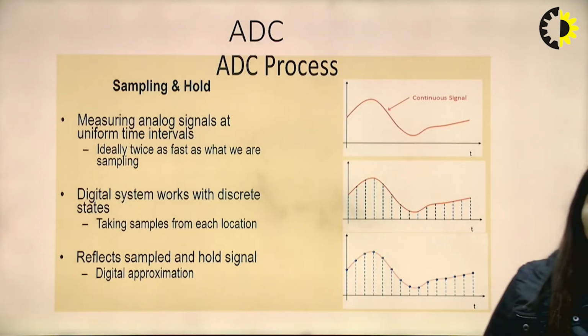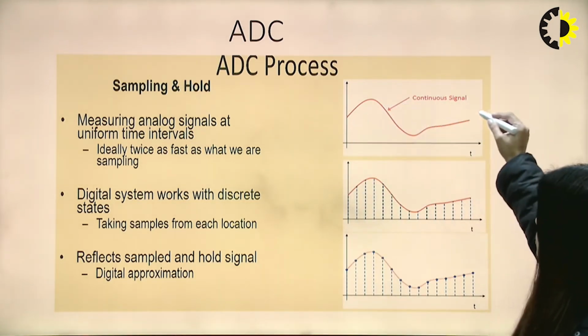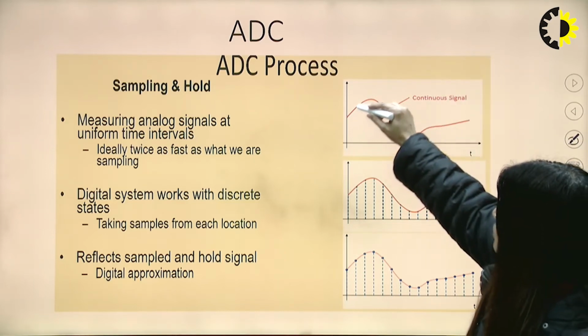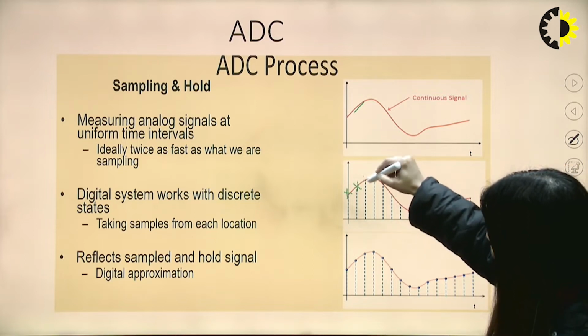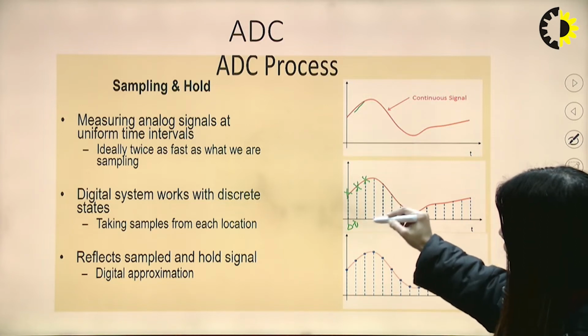Sampling and hold. What is the sampling and hold process? Suppose we have a continuous signal in this way, and from the continuous signal we have sampled the values. The time interval taken between the samples is delta t.